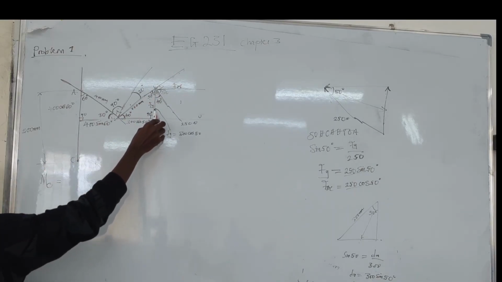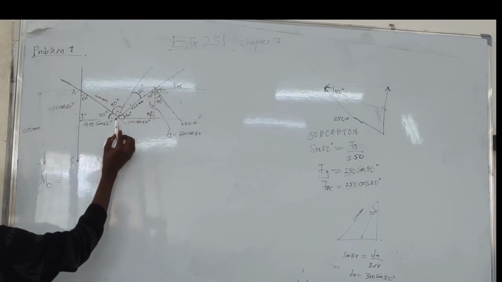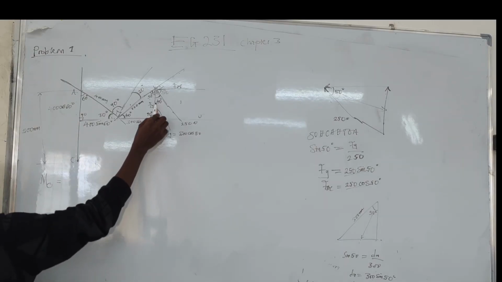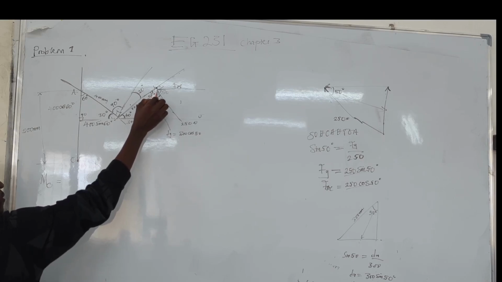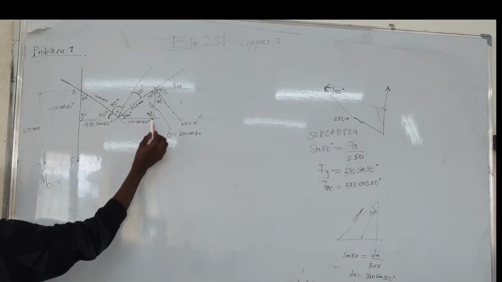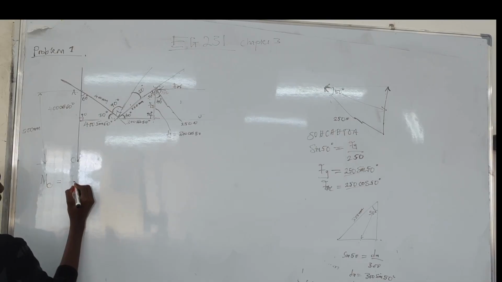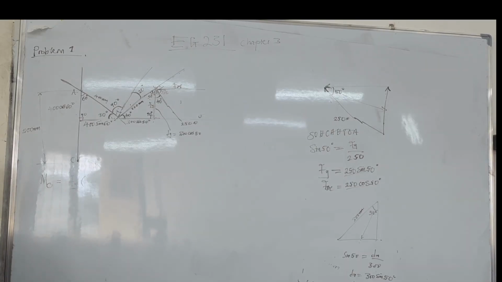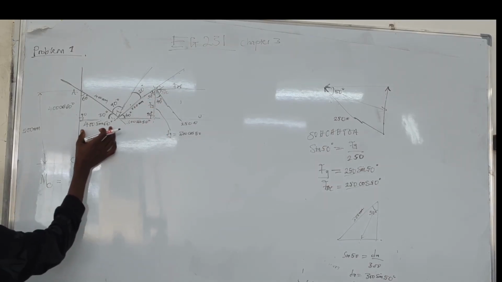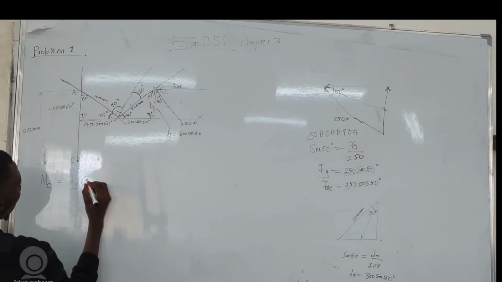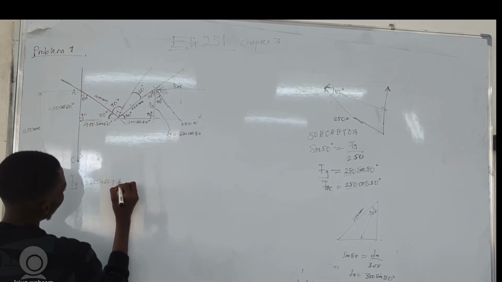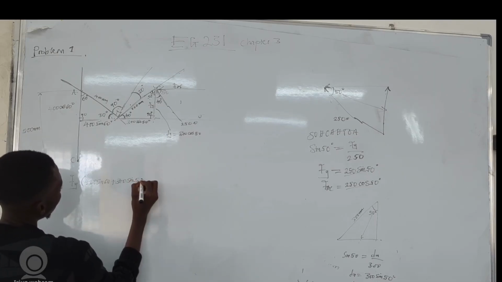Its perpendicular distance would be the distance from that point to the line meeting point O, which is this distance plus that distance. Therefore we take the force in the y multiplied by the perpendicular distance, which is the sum of 400 sine 60 and 300 sine 50 degrees.